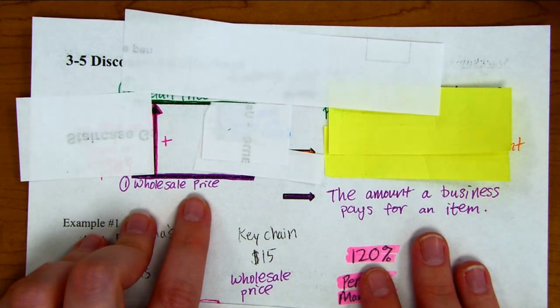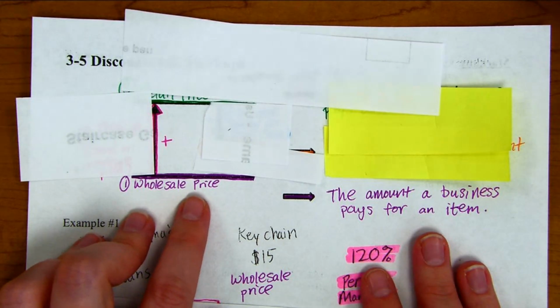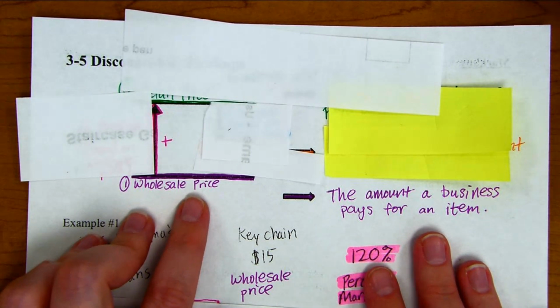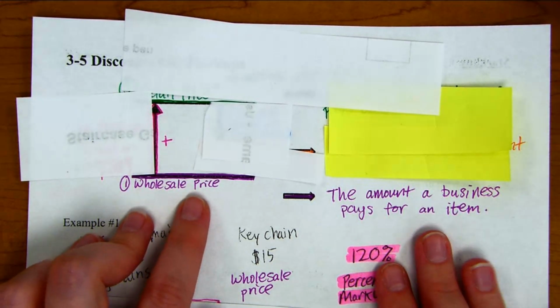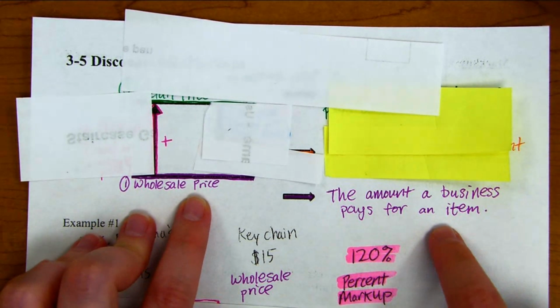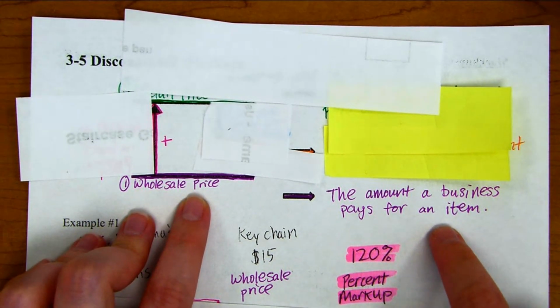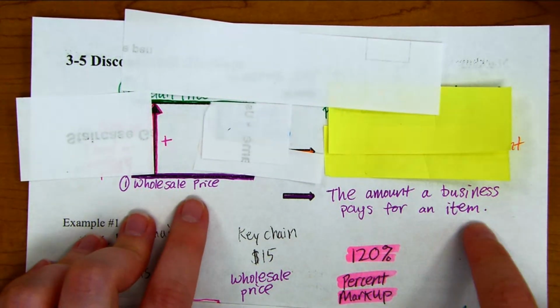For example, a clothing company might buy really cheap t-shirts from a manufacturer, and a company like Target or Forever 21 will pay a very low price because they buy so many t-shirts at one time. So the price per t-shirt that the company pays is called the wholesale price.